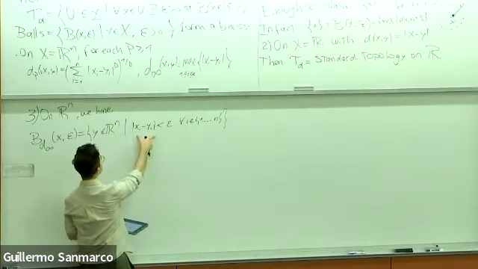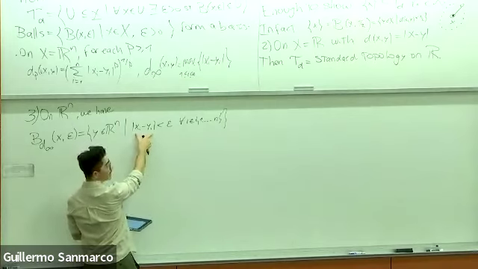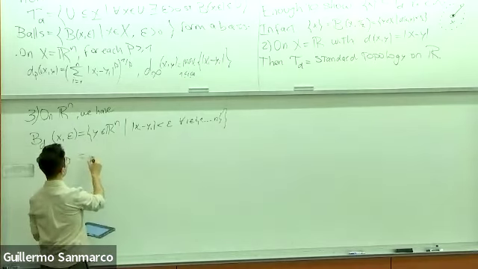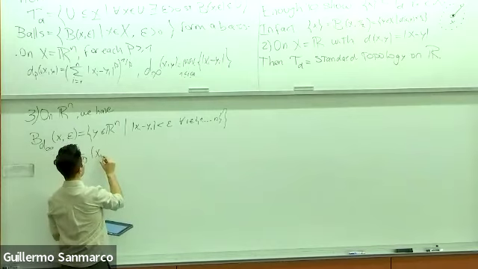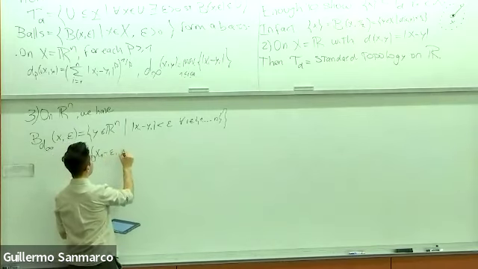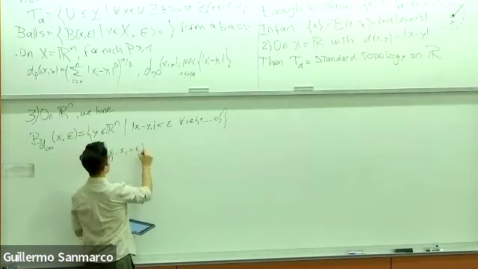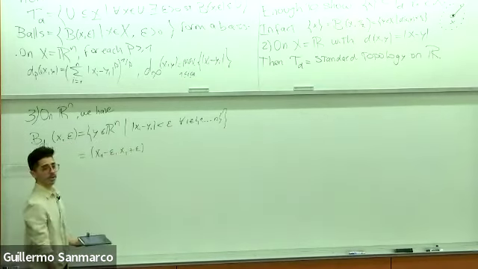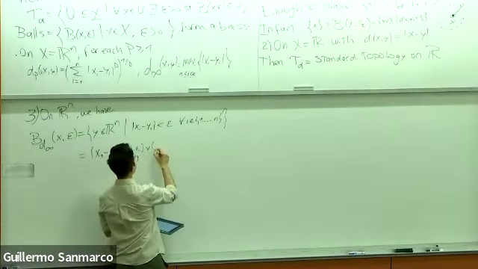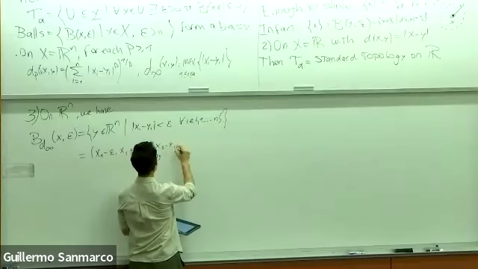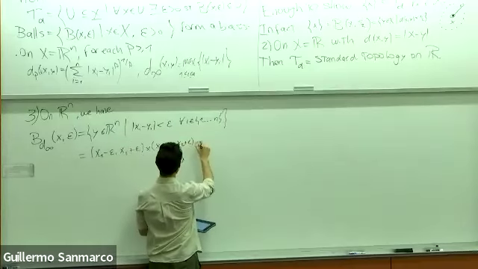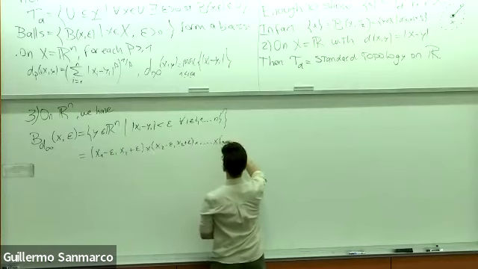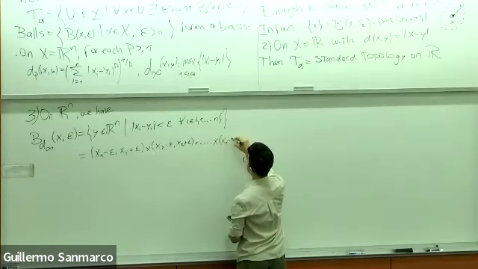So y1 needs to be something here, y2 needs to live here, and so on, yn needs to live here.